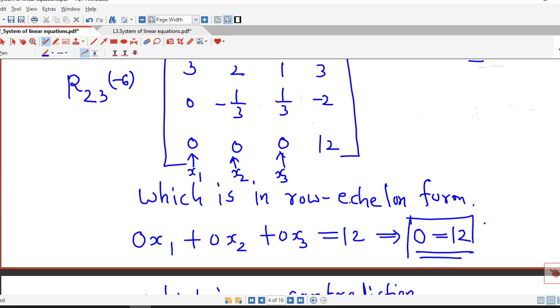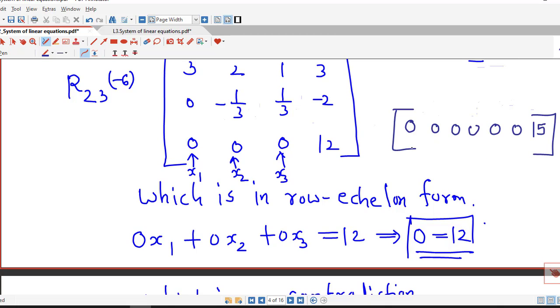And another thing is, whenever system has no solution, you will always obtain this type of matrix, you will always obtain this type of row. All the entries are 0 and the last entry, say 15, is non-zero.